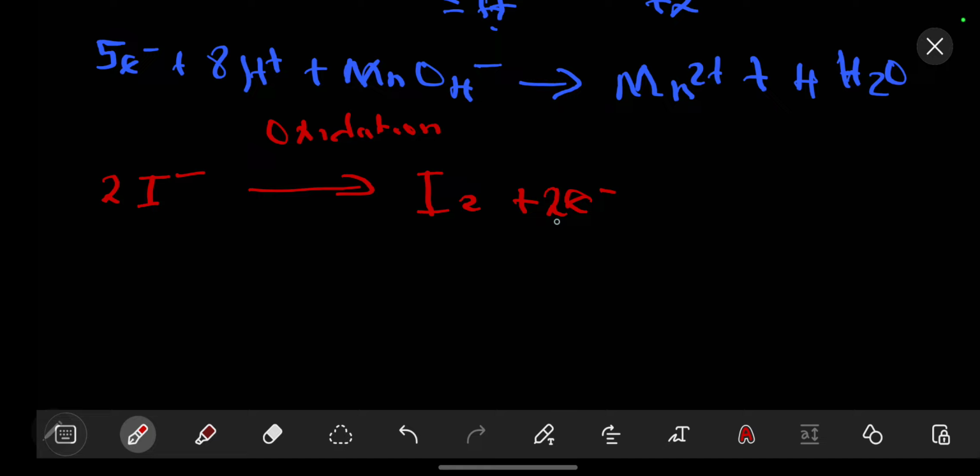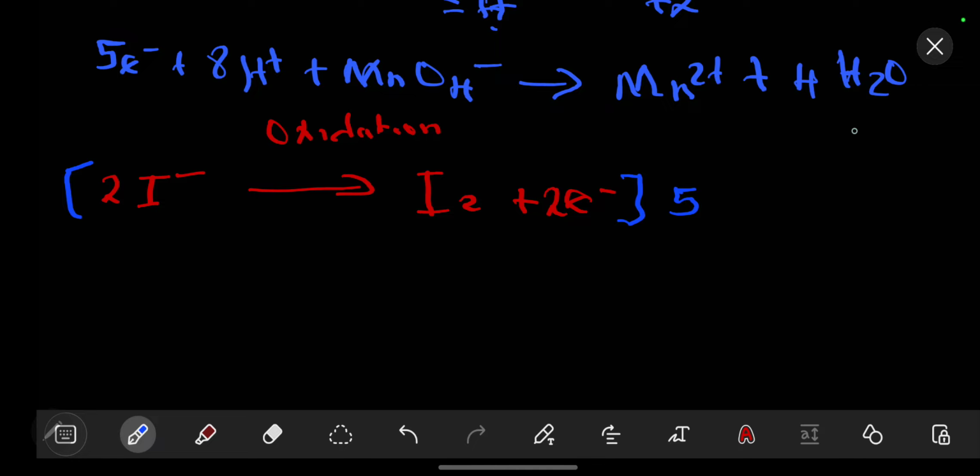So we are going to multiply the coefficient. The coefficient for manganese, the number of electrons, was equal to 5. So I'm going to multiply a 5 there. Then for these two, I'm going to multiply it there.